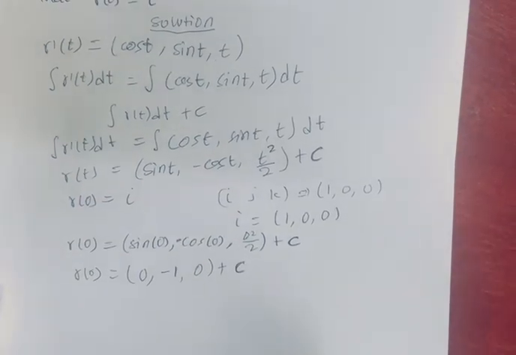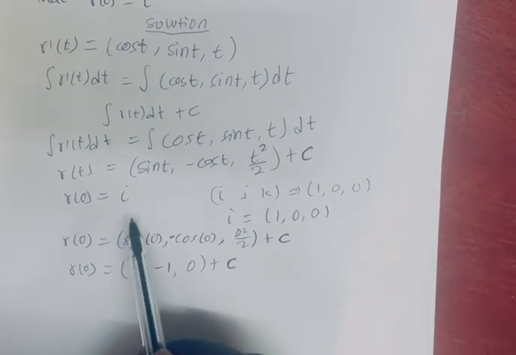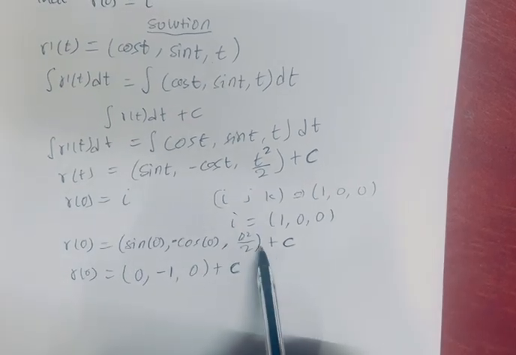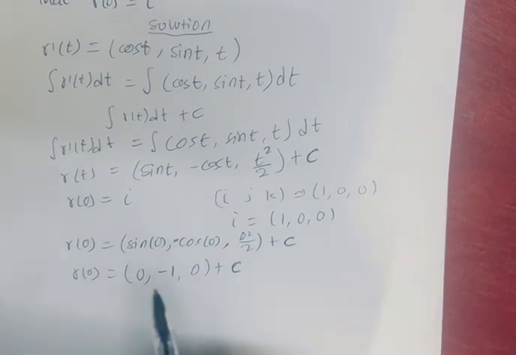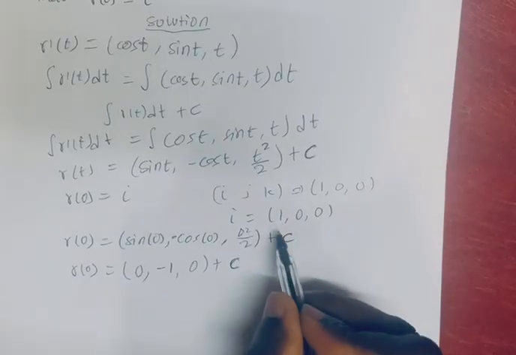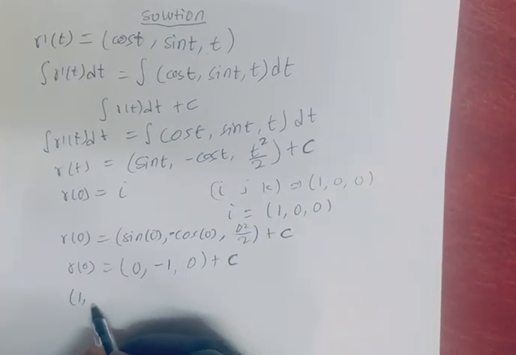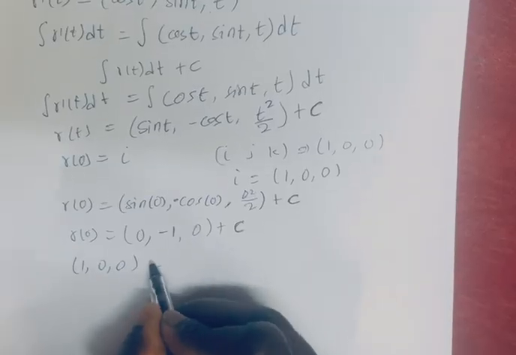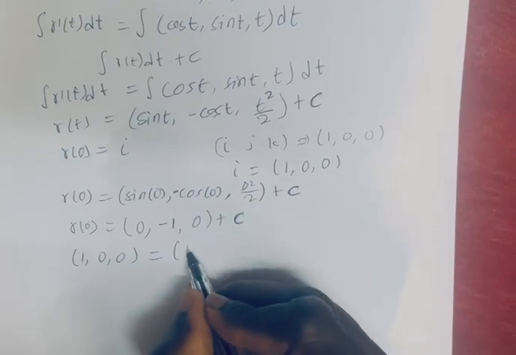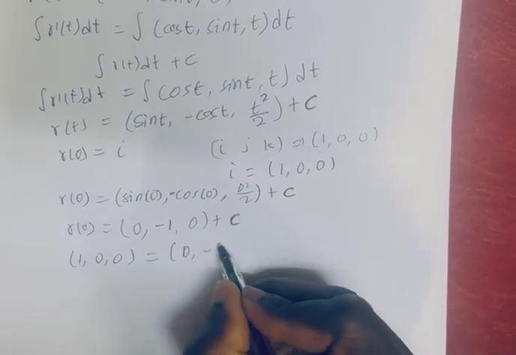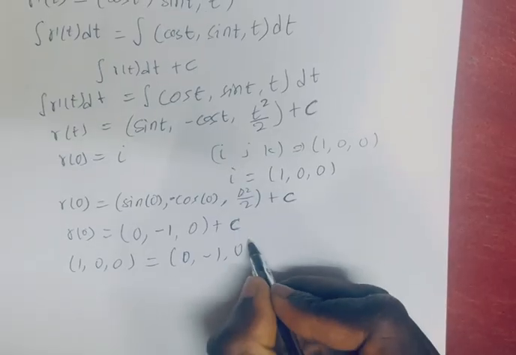Now you recall that r of 0 is equal to i. So we just need to replace the i component there, which is 1, 0, 0. So we have here 1, 0, 0, that we equate to the right hand side, 0, negative 1, 0 plus c.